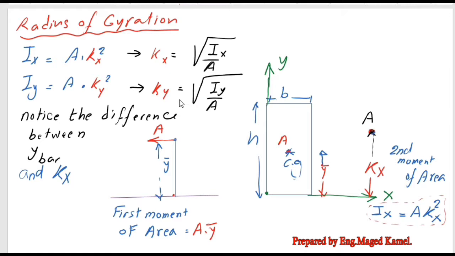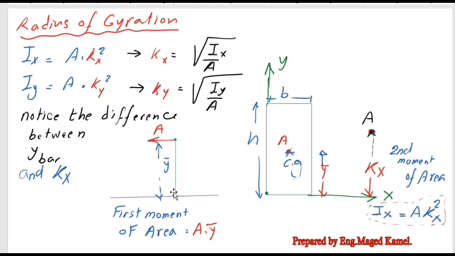We consider that the area, for example for a rectangle, is concentrated at the CG. For the first moment of area, when the area is concentrated at the center of gravity, the first moment is the area multiplied by y bar, which is a vertical distance to the x-axis.